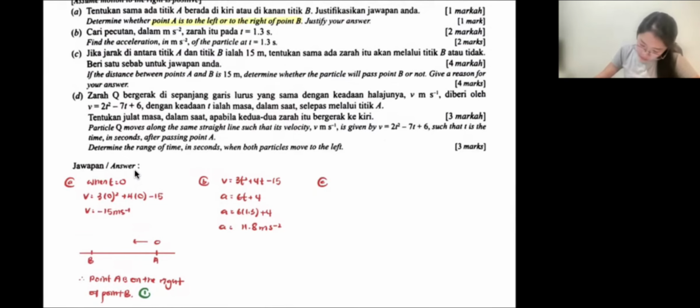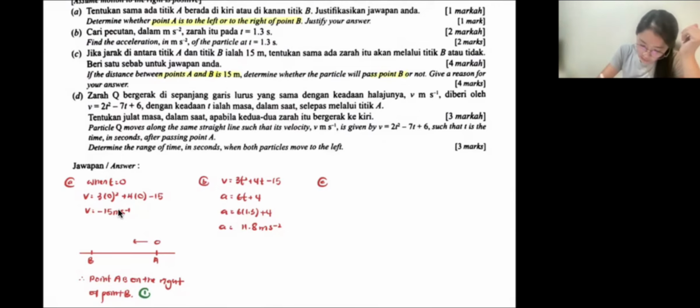Then part C. If the distance between point A and B is 15 meters, determine whether the particle will pass B or not. Give a reason to your answer. Meaning we have to find maximum displacement, maximum distance traveled.